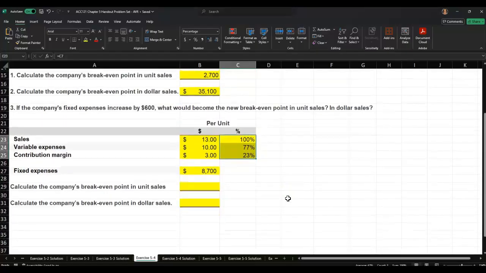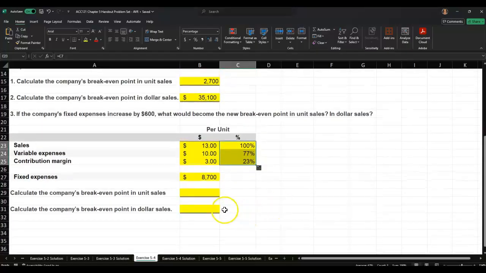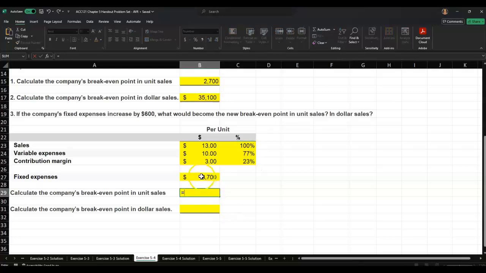Okay. So at that point, the break-even point in unit sales is simply we take the 8,700 and divide by that $3 per unit. So now we need to sell 2,900 units.